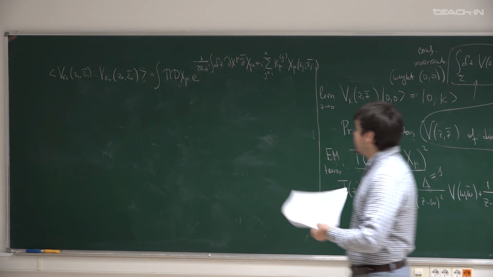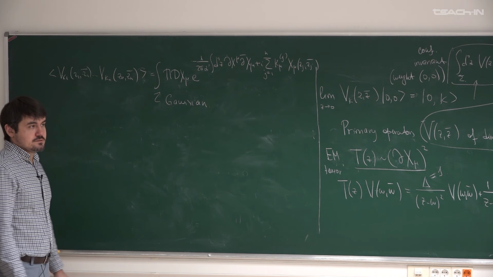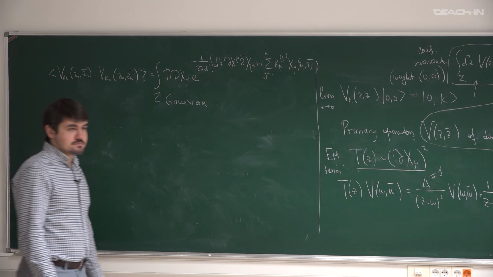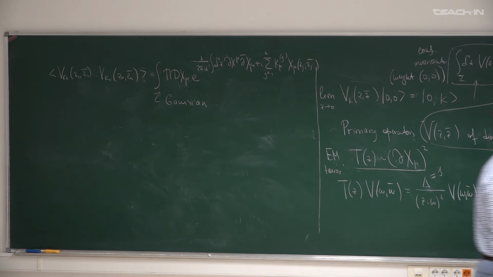So let's actually compute this integral. This is a Gaussian integral. So how do we compute a Gaussian integral? Stationary phase, yes. That's right. But it's kind of exact stationary phase here.